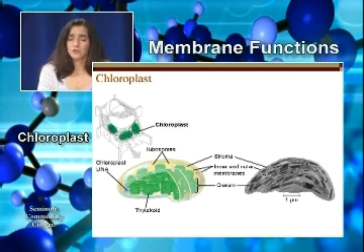Surrounding these stacks of thylakoids, or these grana, is a semi-fluid medium. This fluid is what's termed the stroma. The stroma is where the dark reactions of photosynthesis occur. Inside the stroma and inside the thylakoid, we have the conversion of carbon dioxide into starches.